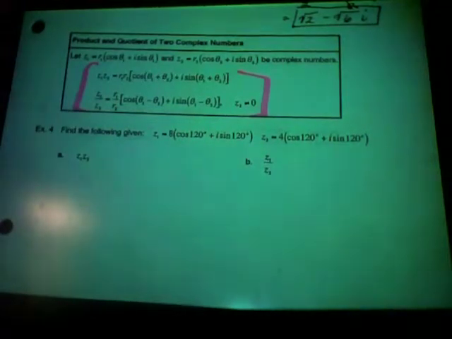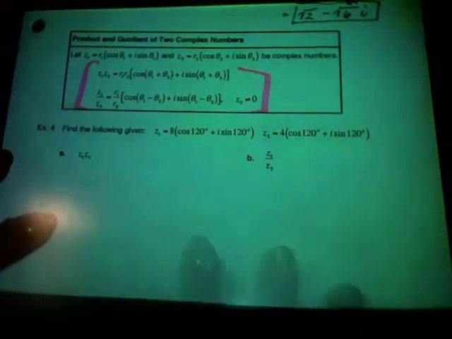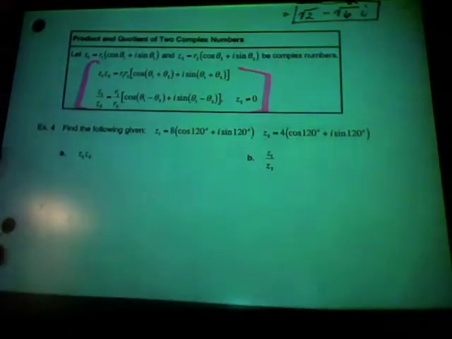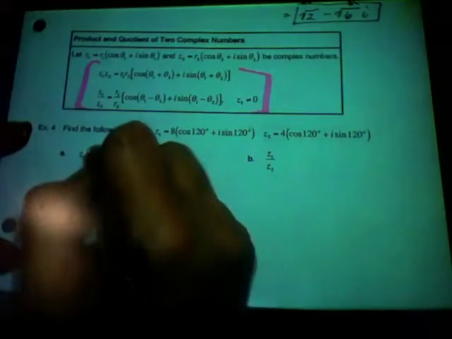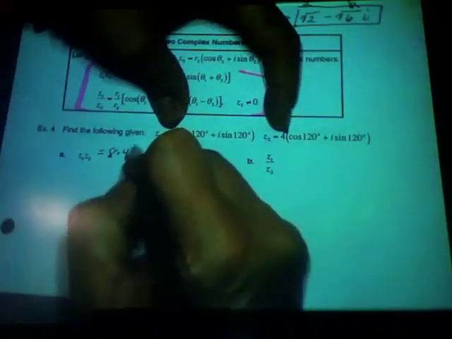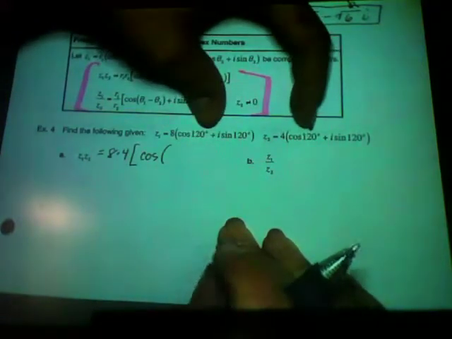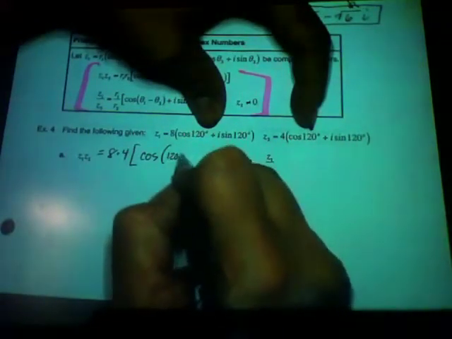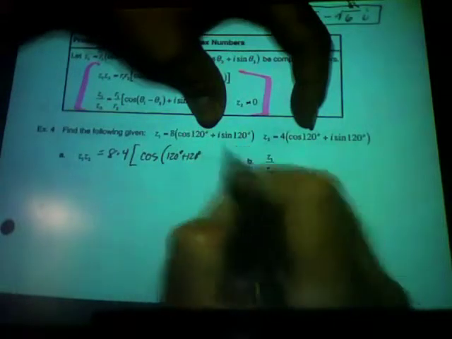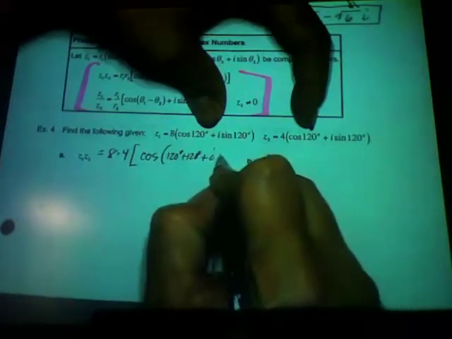All right, so we're going to multiply these two together, and then we're going to divide them. z1 times z2 is equal to, I'm going to take my r's and multiply them together. So 8 times 4 times the cosine of, then I'm going to add their degrees together, 120 plus 120, plus I sine of those degrees.